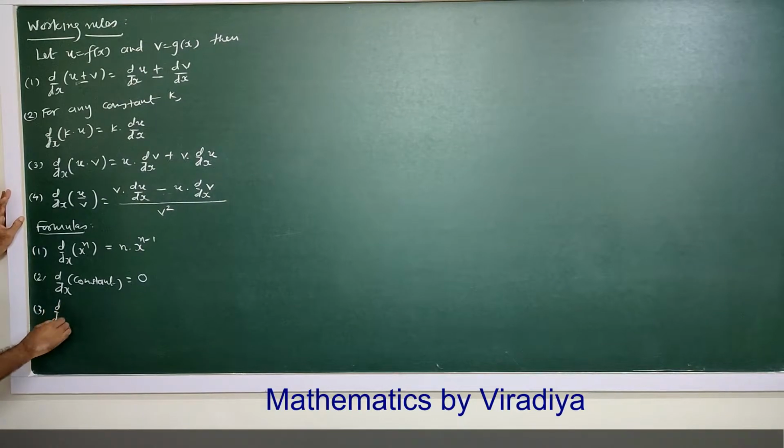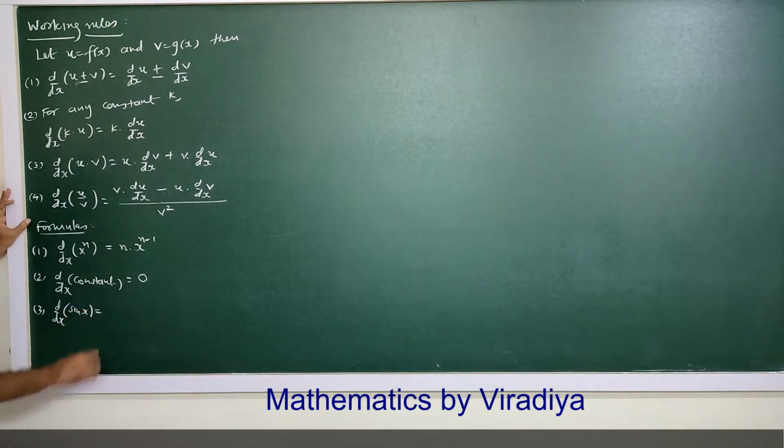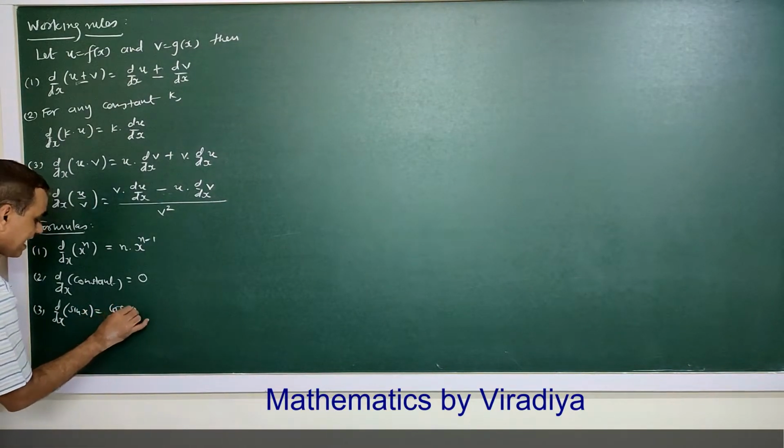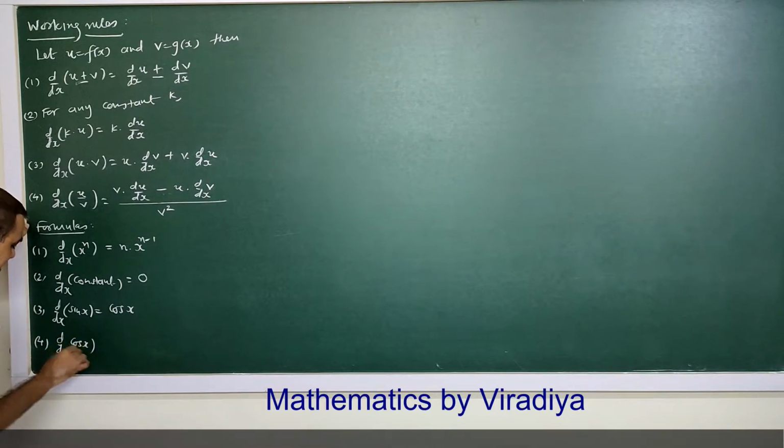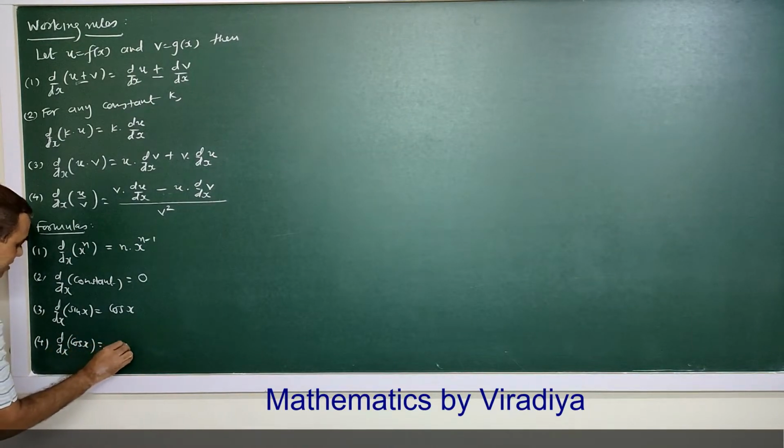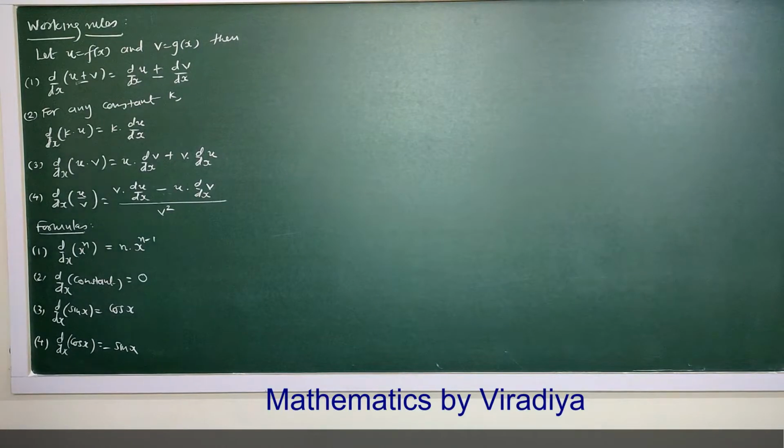Derivative of sin x is cos x. Derivative of cos x is minus sin x.